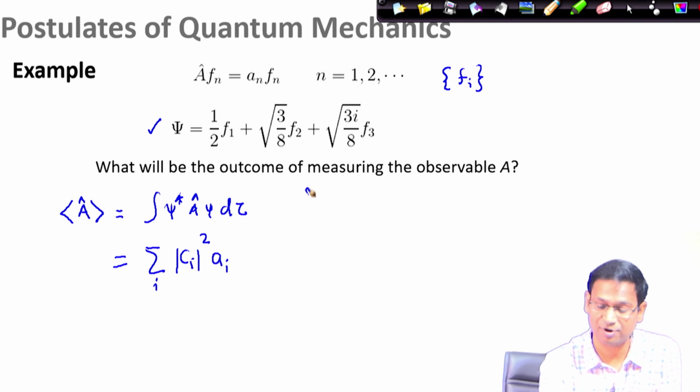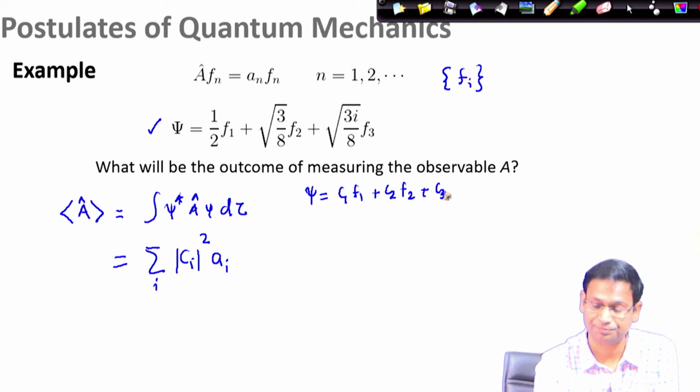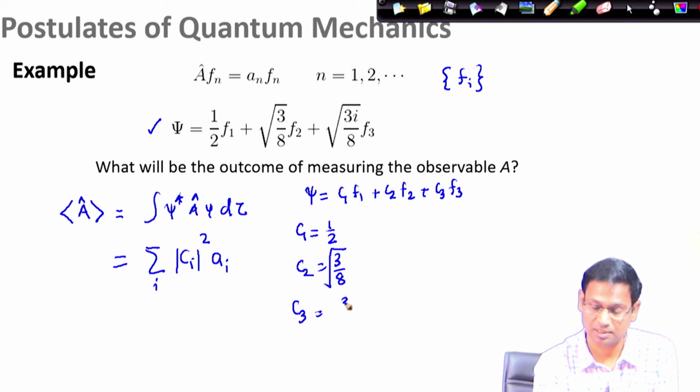Here the wave function is written as c_1 f_1 plus c_2 f_2 plus c_3 f_3. What is c_1? c_1 is 1 by 2, c_2 is the square root of 3 by 8, c_3 is 3i by the square root of 8. So, what would be c_1 squared?